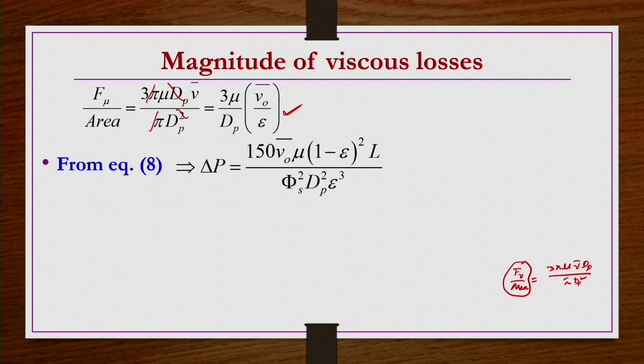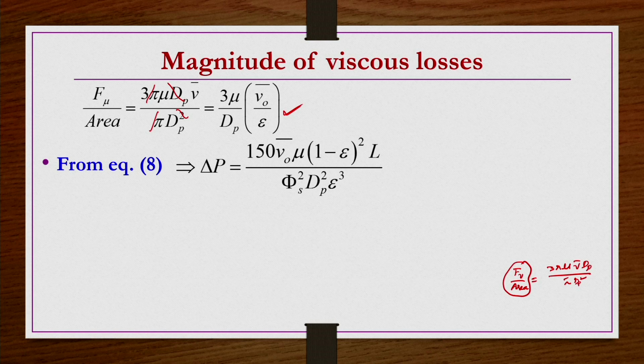No other contributions are included in that equation, and we wanted to know the magnitude of viscous losses, so we do not want to include other terms here. Then from equation 8 we have delta p equals 150 v naught bar mu (1 minus epsilon) whole square L by phi s square dp square epsilon cube, right. So this is the Kozeny-Carman equation.